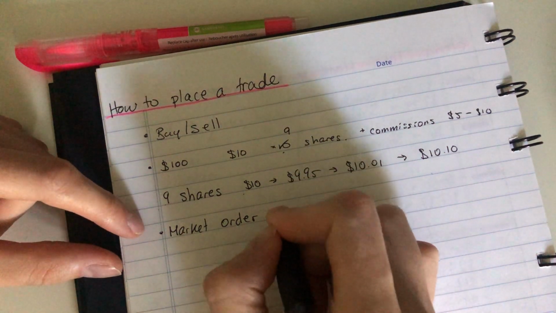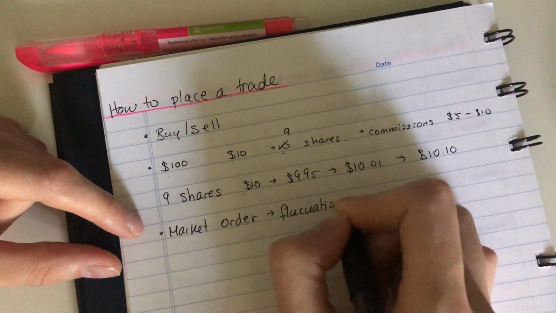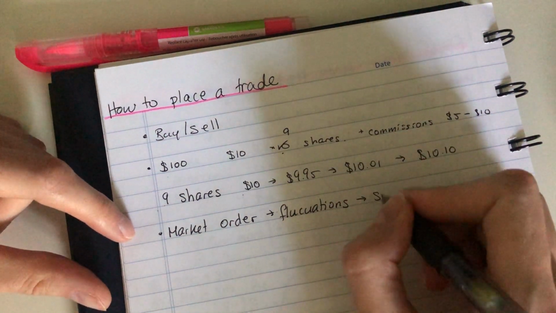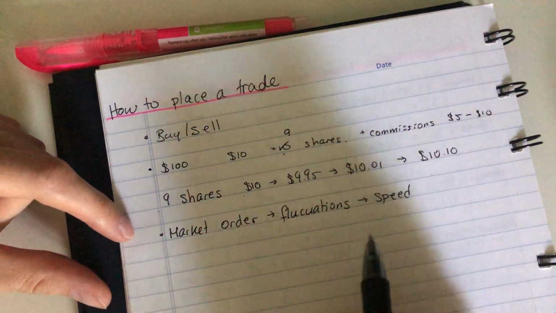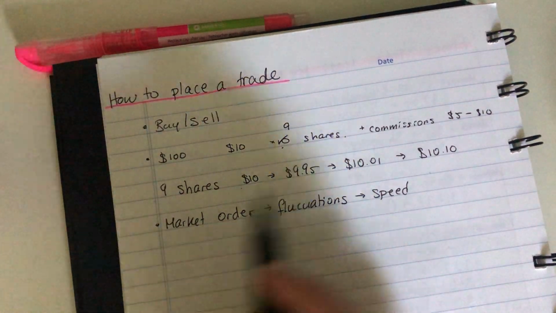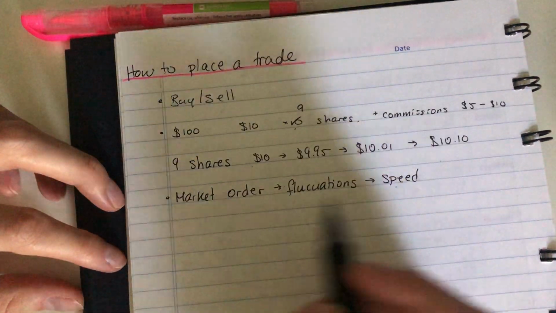So a market order does have fluctuations. However, the main reason why people do it is speed. Your execution is quite fast. Essentially whatever someone is selling it for, that's what you are buying it for. So a market order will have some variations, but speed is the main one.